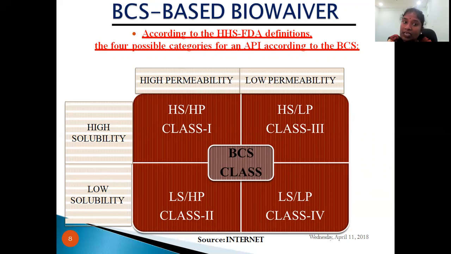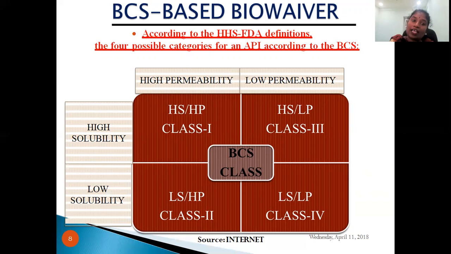That step we call a rate limiting step, and the factors influencing that slow rate are the factors affecting the rate limiting step. At which point the rate is slowing down, that step we call the rate limiting step.